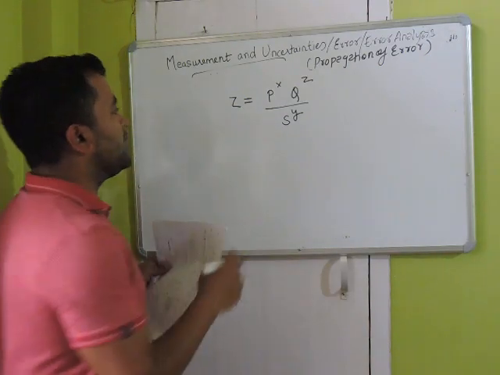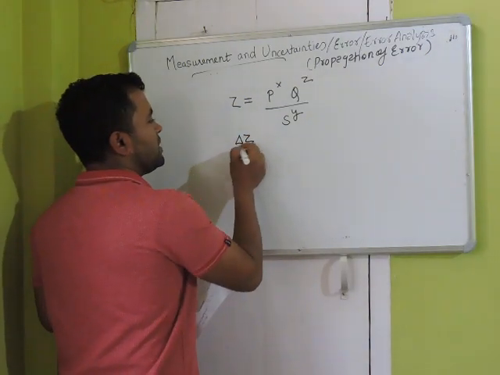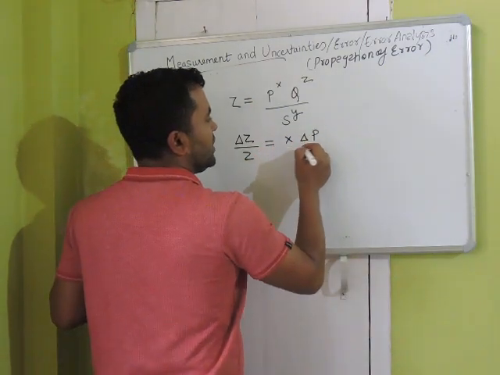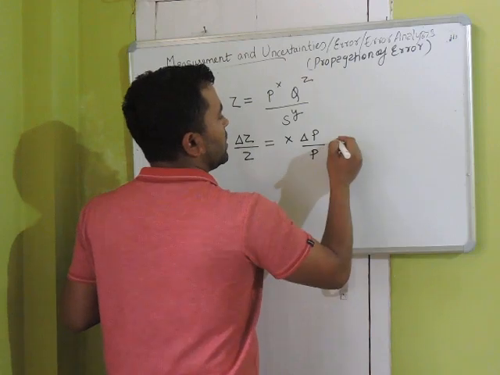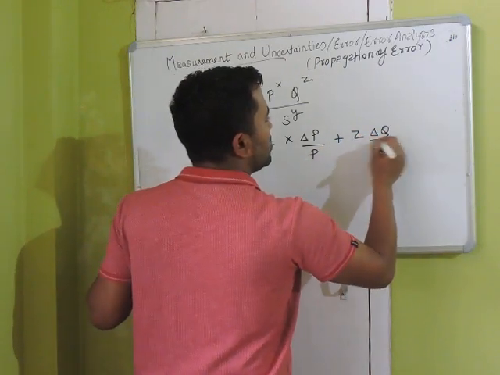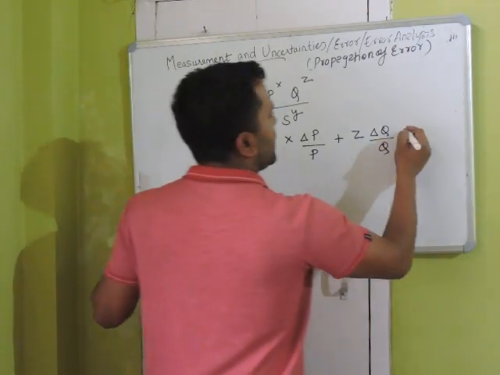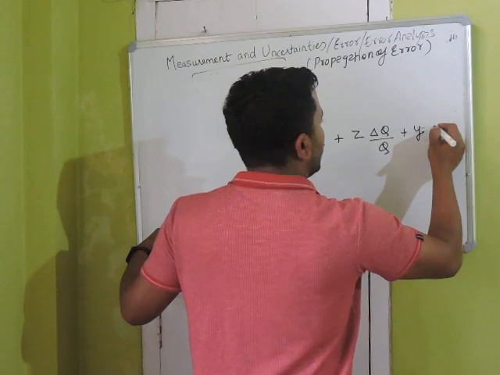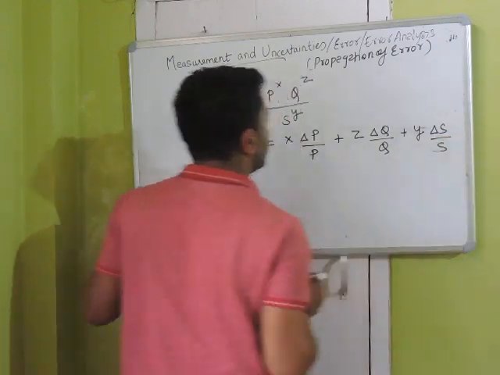It turns out that the fractional error in z, delta z by z, is equal to x delta p by p plus z delta q by q plus y delta s by s.